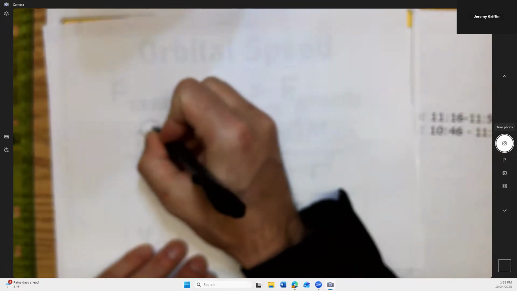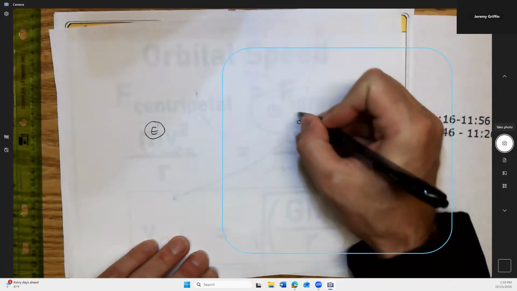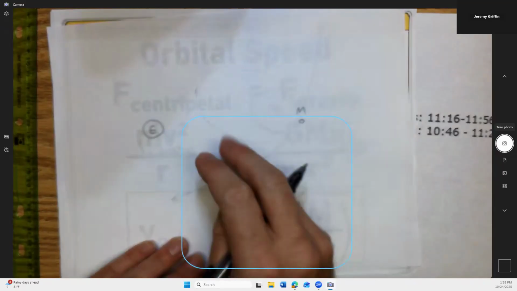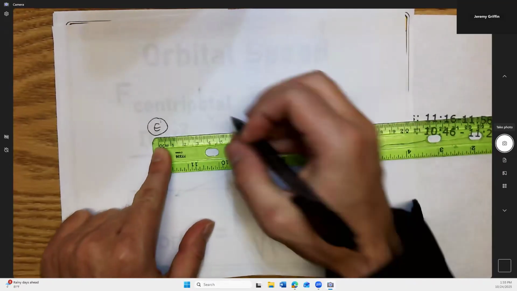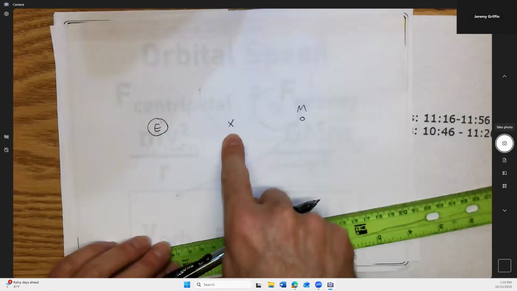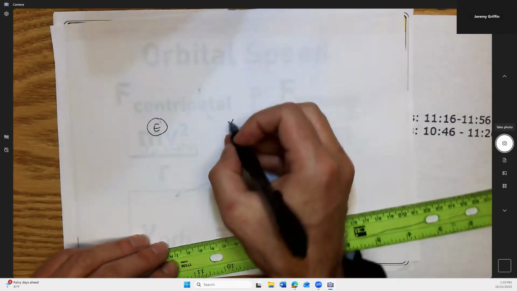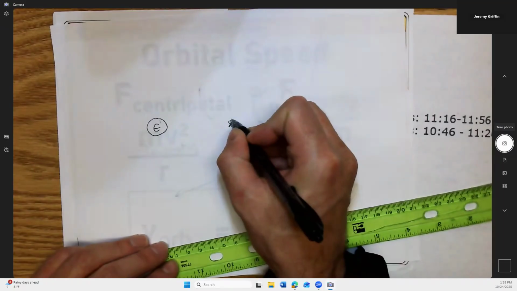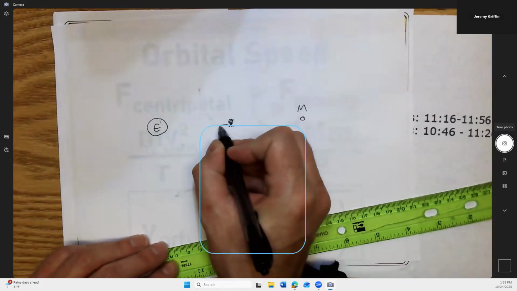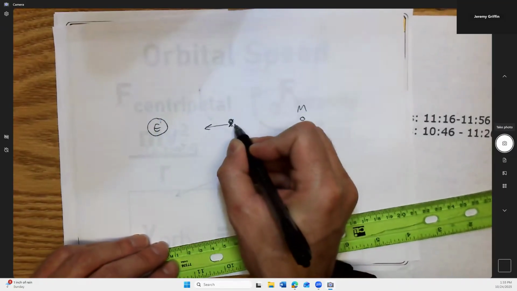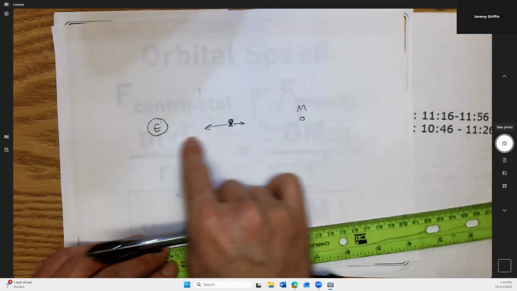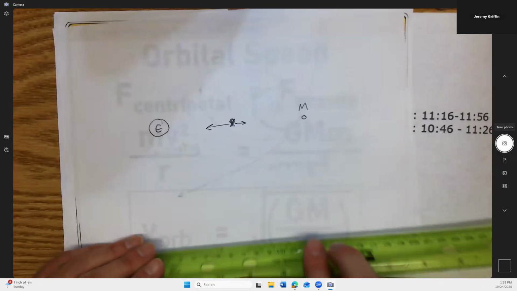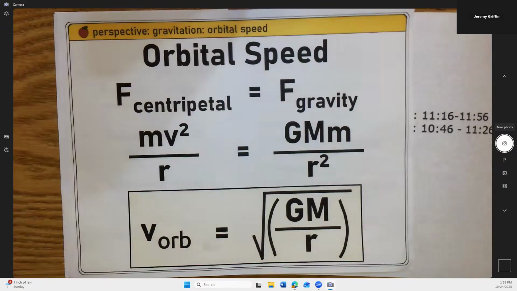Here's the Earth, E for the Earth, and maybe the moon's over here, M for the moon. If you go geometrically halfway, I got these 12 centimeters apart, so 6 centimeters. Bam, right there is exactly the midpoint. I think you're supposed to draw a little stick figure with a little astronaut helmet. If the Earth is pulling you to the left with some gravitational force, the moon's pulling you to the right with a smaller gravitational force because it has less mass. So you'll fall towards the Earth. There you go.